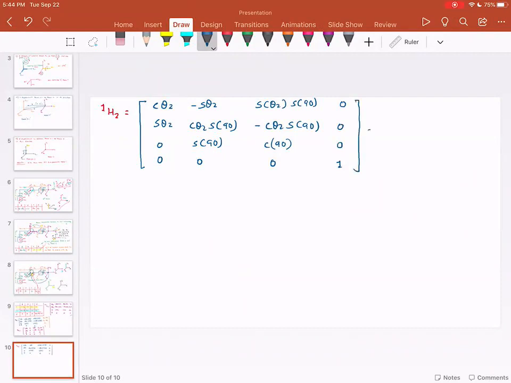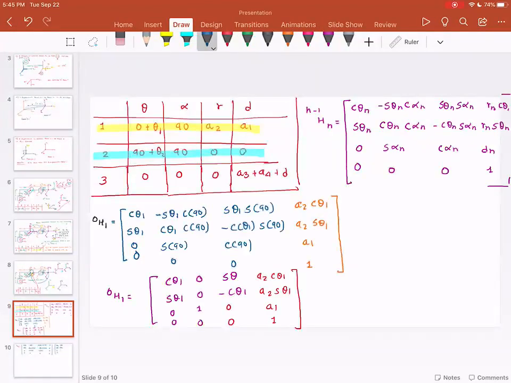So your 1H2 matrix can be written as cosine theta 2, sine theta 2, 0, 0, sine theta 2, sine 90 is 1, cosine theta 2, sine 90 is 1. I think I made a mistake here while plugging in the values.